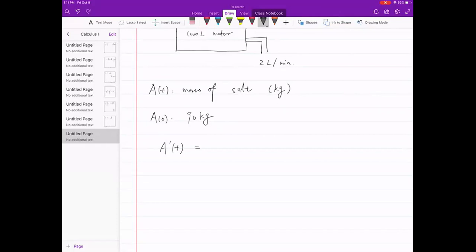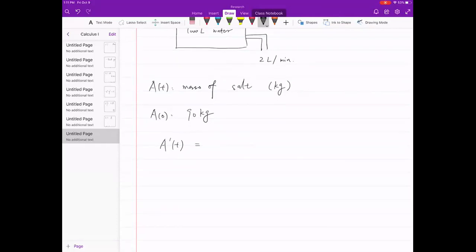It's pretty straightforward: it should be the salt coming in minus the salt going out by the draining. If more is coming in than going out, you have a positive rate. Otherwise, you have a negative rate.